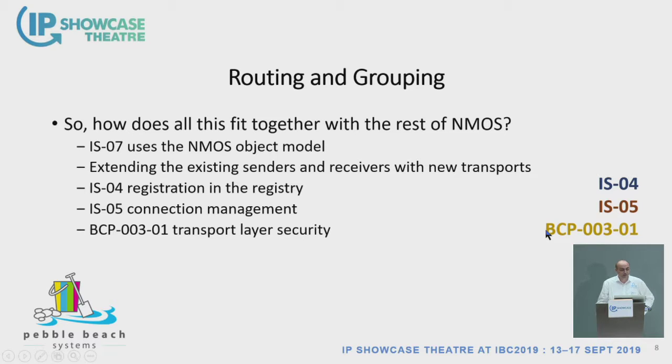All the IS-07 resources are members and/or children of devices and nodes, so the entire model is followed. Everything is registered in the registry, and IS-05 is used for connection management, which is quite an important property of the standard, as we will see later and in the demo that we have in the room.